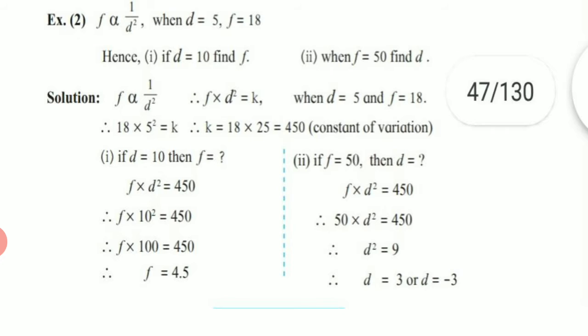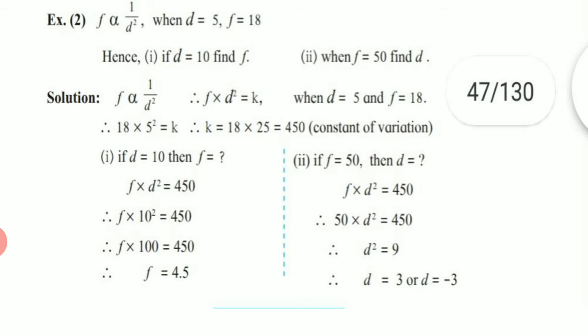First, we have to find the constant of variation. F alpha 1 upon d square, therefore f into d square is equal to k. When d is equal to 5 and f is equal to 18, therefore 18 into 5 square is equal to k is equal to 450. It is the constant of variation.